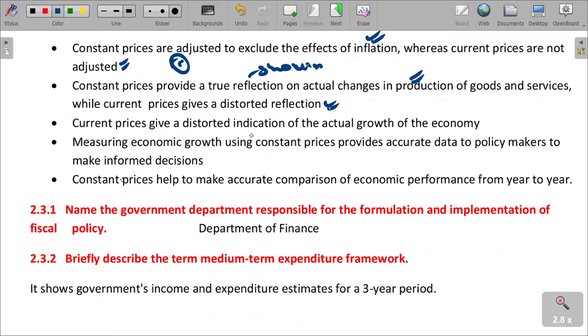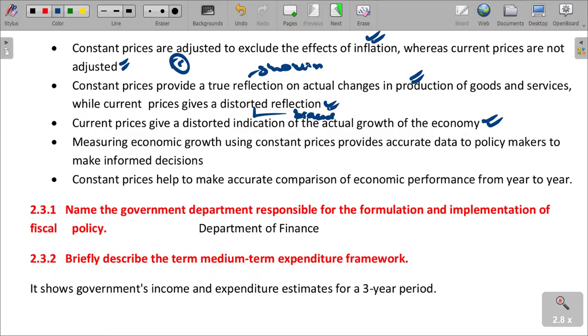Current prices give a biased reflection, and a distorted indication of the actual growth of the economy. We are not able to depend on current prices, or have a green light in terms of the actual growth of the economy.